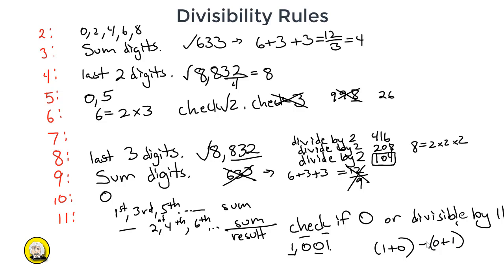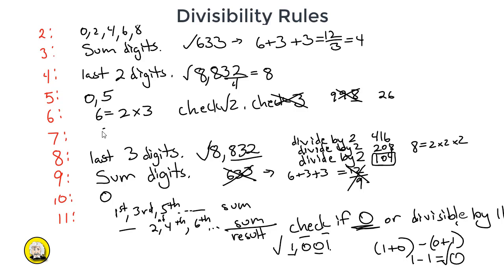And that just works out to 1 minus 1, or 0. And 0 is part of the check, so that does work, which means 1001 is divisible by 11. So that turns out, just like 3 and 9, to be a really nifty check we can use on very large numbers as well.